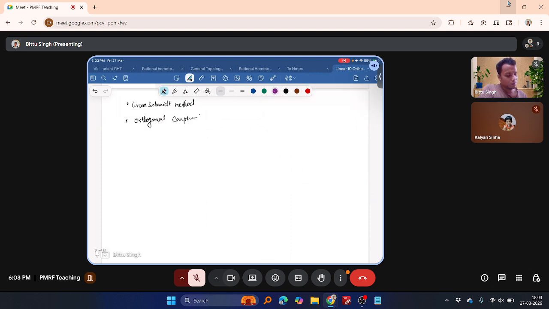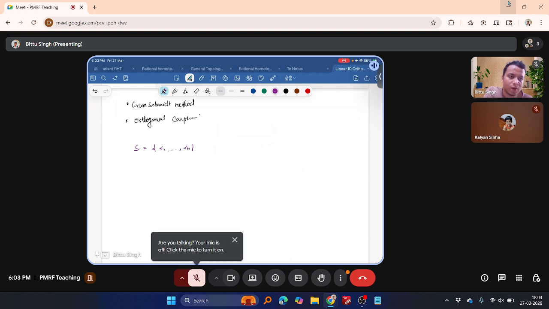So recall that a set which contains some vectors alpha 1 up to alpha n is said to be an orthogonal set if alpha i inner product alpha j is 0 whenever i is not equal to j.